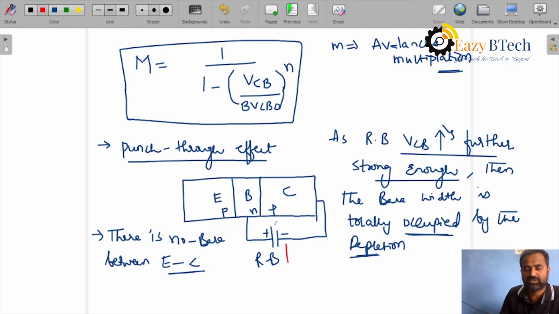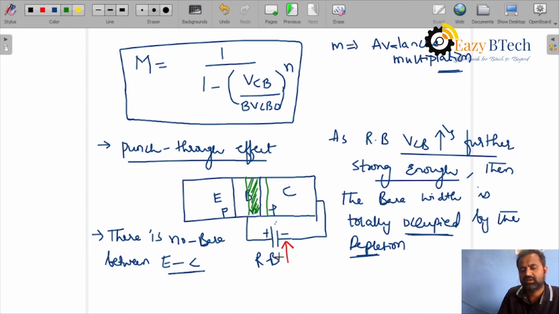As the reverse bias voltage increases further, what happens? In the previous session, in the early effect, we saw that as the reverse bias voltage increases, the effective base width decreases.